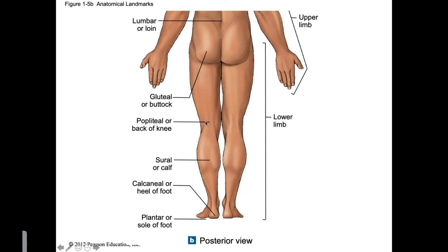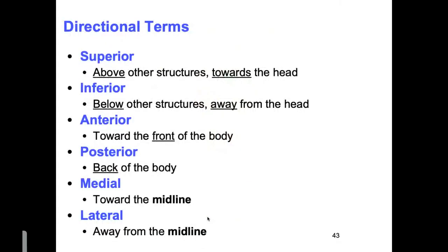Remember, the front of the knee is called patella, behind the knee, popliteal. Calf is called sural, the heel, calcaneal, and the bottom of the foot is the plantar surface. Palmar surface of the hand is your palm. The plantar surface is when you plant on the ground, plantar surface.